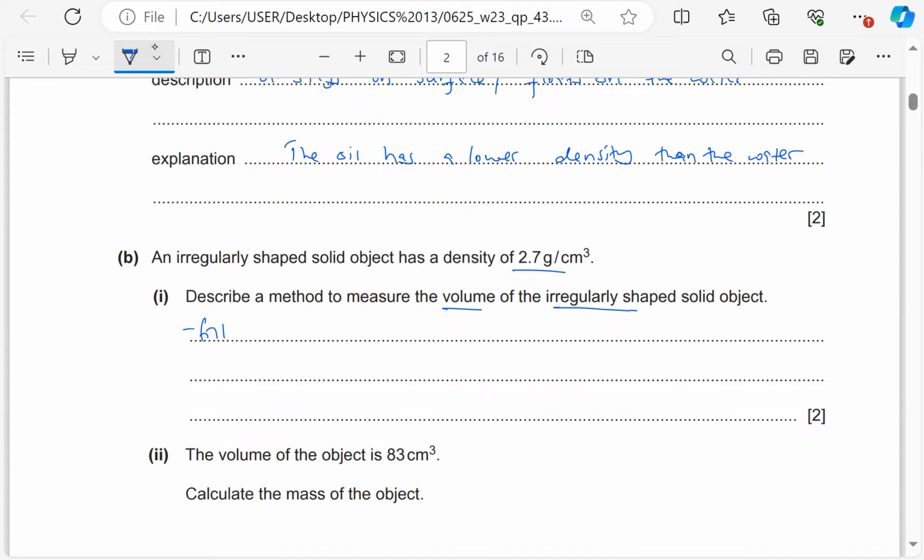So fill a displacement can, which we call the Eureka can, with water, and immerse the object, then measure the volume of displaced water in a measuring cylinder.